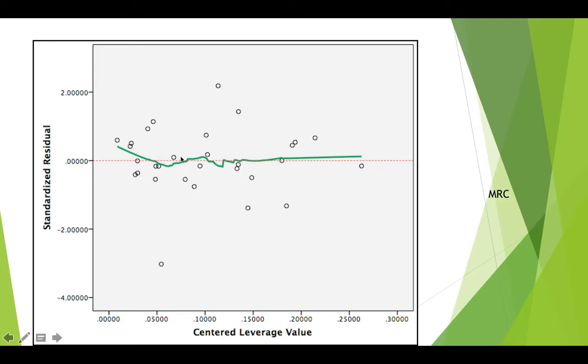It doesn't pull too badly, but it is definitely pulling a little bit, so that lets me know that perhaps my outliers, especially this one at the top and this one at the bottom, could be skewing my data a little bit.